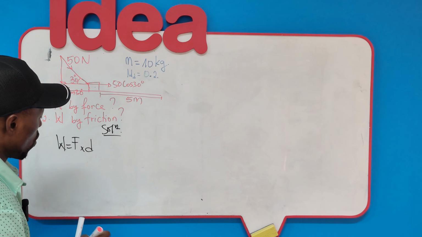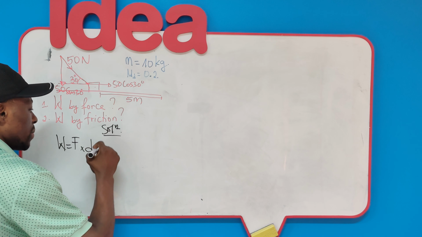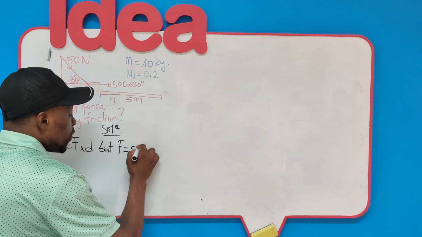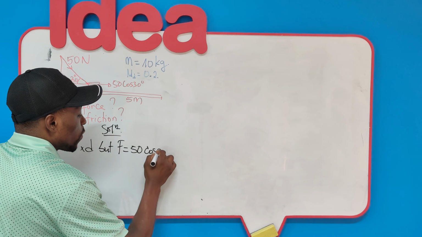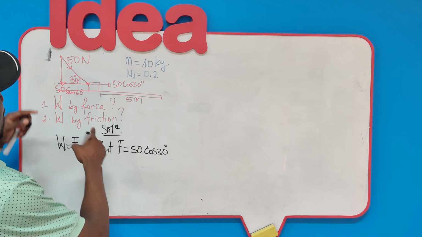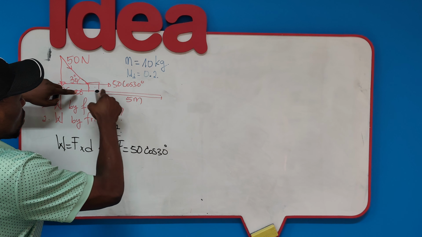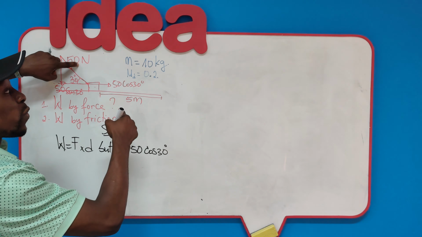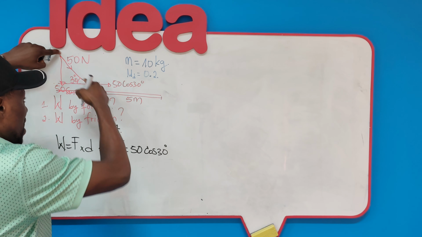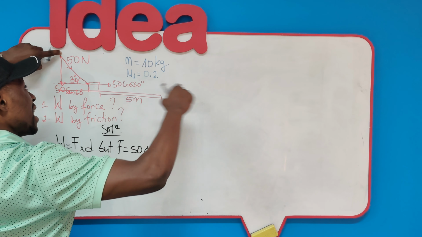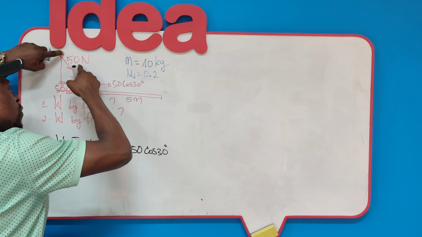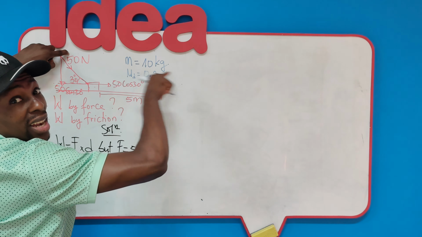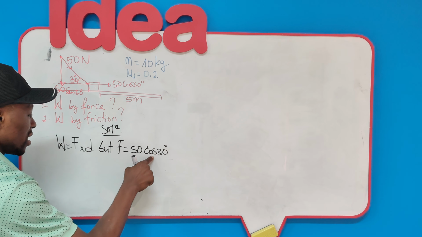So our force here is going to be 50 cos 30 degrees. Again, this is because the box is moving along this plane and not along the line of action of the 50 Newton force. So 50 Newton acts like this, but the box moves like this. Therefore, a part of the 50 Newton must be acting like this to cause the box to move like this.